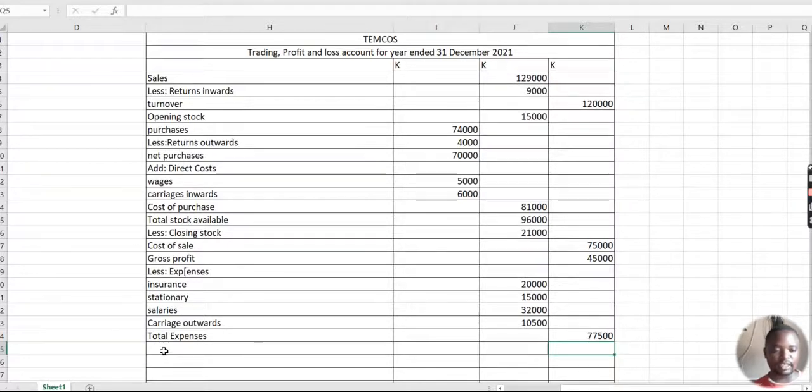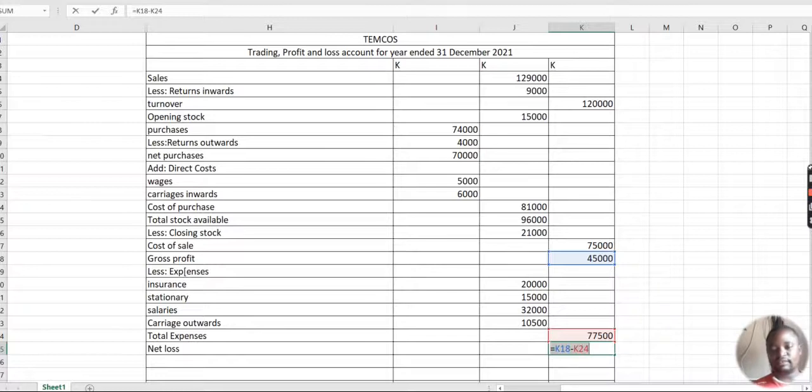So we are going to say net loss. So our net loss will be this minus that. So we are going to say equals this minus this, giving us that one. In short, we can just put brackets there.